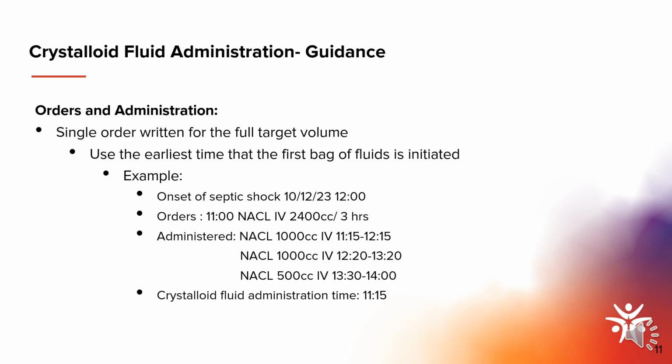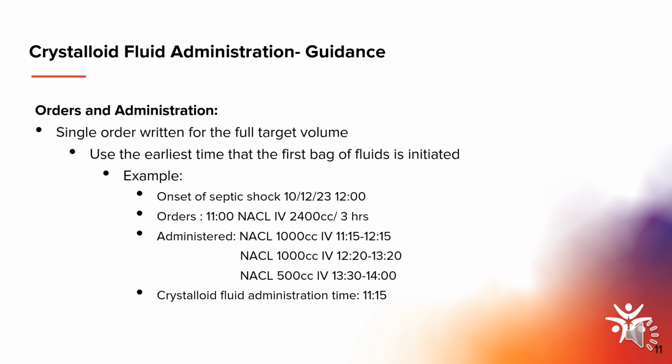In the following example, onset of septic shock was at 12 o'clock. The orders written at 11 o'clock were for normal saline, 2,400 cc's, administered over 3 hours. The fluids were administered as follows. We've got 1,000 cc's that were administered 11:15 to 12:15.